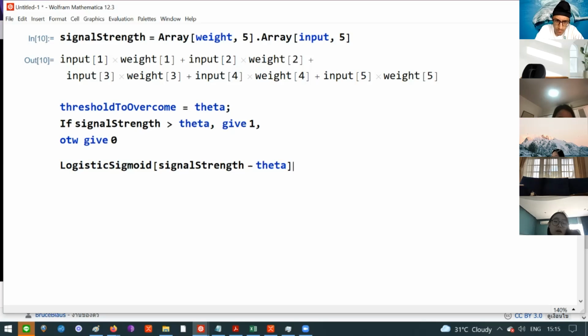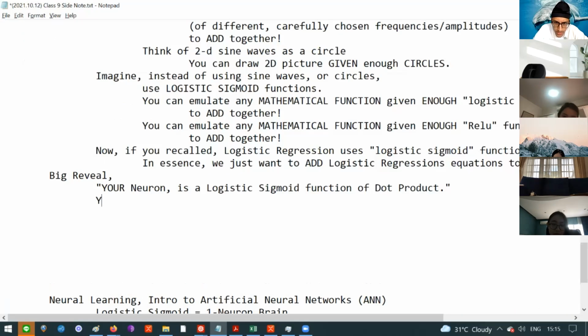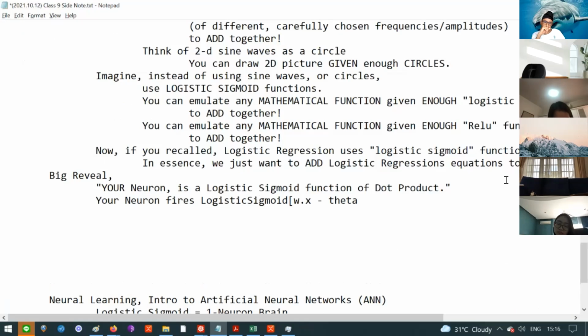In other words, your neuron fires logistic sigmoid of W dot X minus theta. That's what the neuron fires.